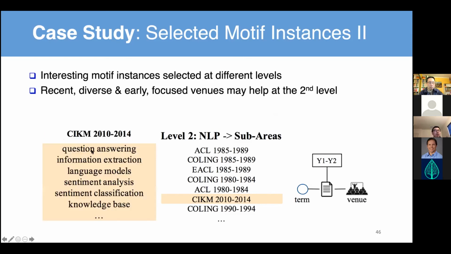And we realized the most frequent words here are actually very NLP: question answering, information extraction, sentiment analysis, knowledge base. So it's telling you there is some overlap between text mining and NLP. And this CIKM venue itself is a very strong indicator for these key phrases to be grouped together for a text mining cluster. So this is good news. We identified some surprisingly good patterns here.